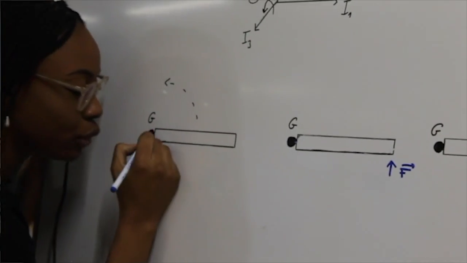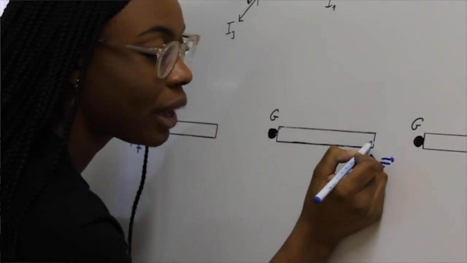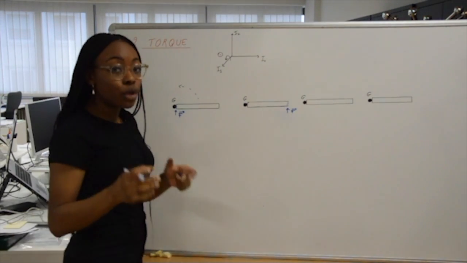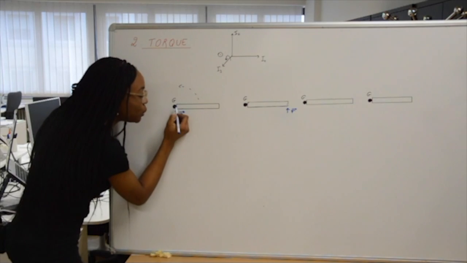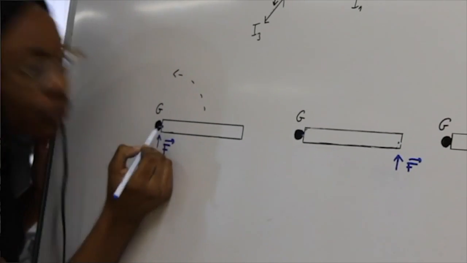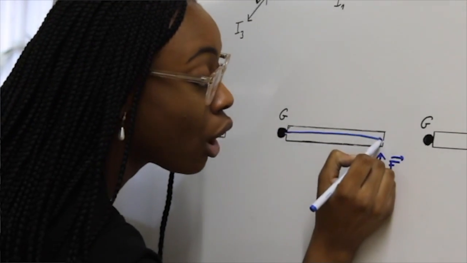Here we see that the point of application is near the axis of rotation, while here the point of application is far away from the axis of rotation. The difference is more precisely in the distance between the point of axis and the point of application of the force.